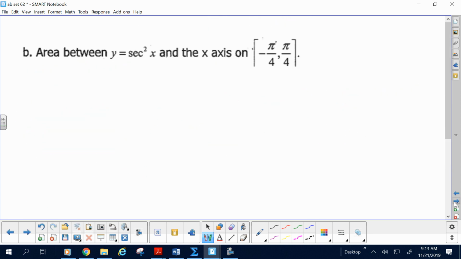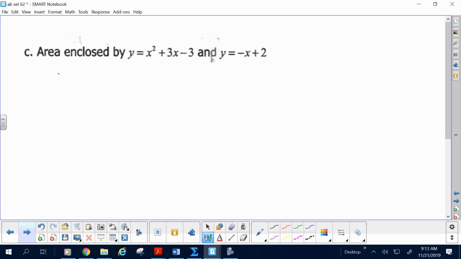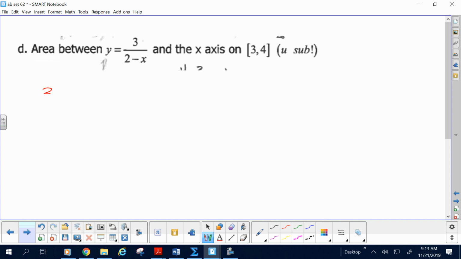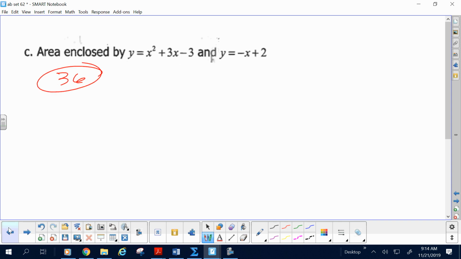All right. How about this one? Did you get 2? How about this guy? Did you get 36? We don't hear a lot of yeahs there. Okay. And did you get 3 log of 2? Natural log of 2. Cool. Would you go back to the GCD? Negative 3?